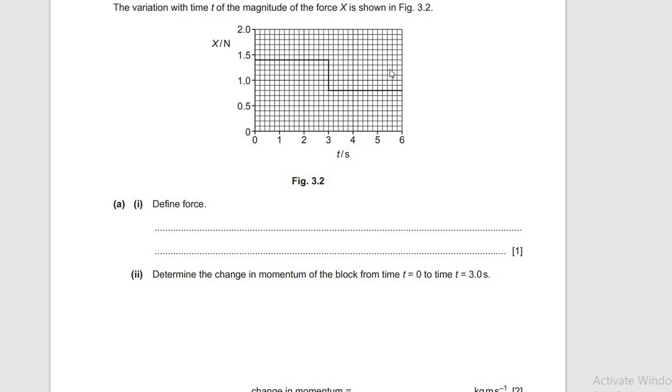The first question asks us to define force. The best way to define force in this case is to relate it to change in momentum. So Newton's second law of motion: force is the rate of change in momentum.